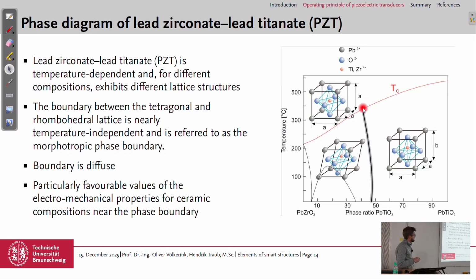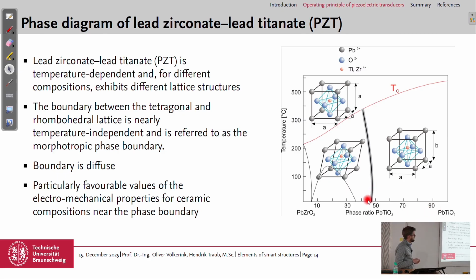And the boundary between these two lattices depends on the composition of the material. So we have lead zirconate and lead titanate and a mixture of both. At this morphotropic boundary, we have a composition of nearly 50% lead zirconate and 50% lead titanate.